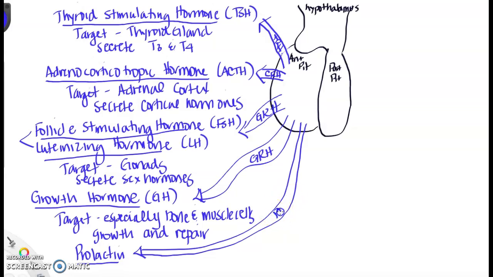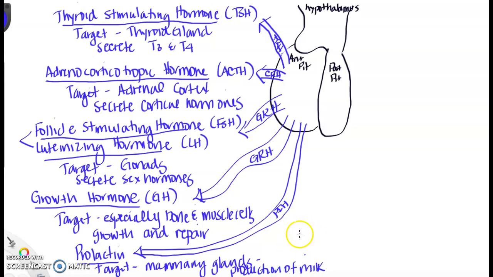So prolactin inhibiting hormone, which is also dopamine, stops the mammary gland. So the target is mammary glands. And it stops the production of milk until needed, so pregnancy and having a baby. All right, so that's all of the anterior hormones.